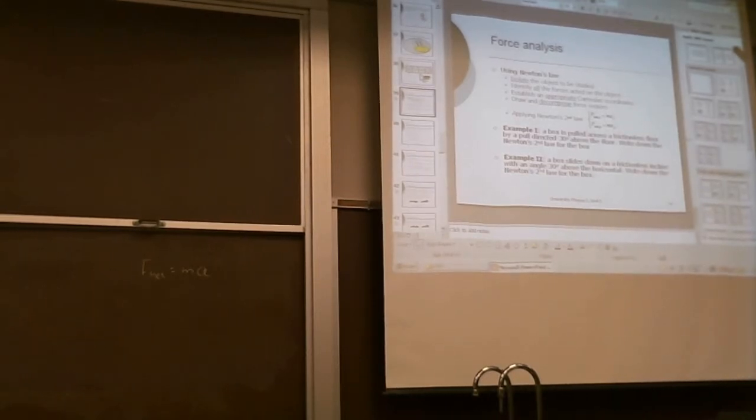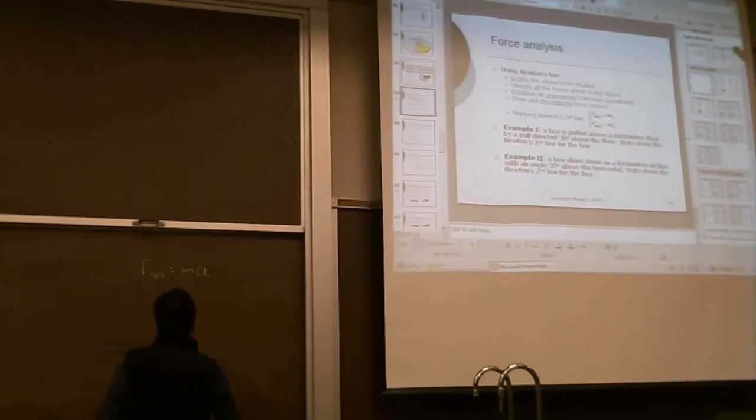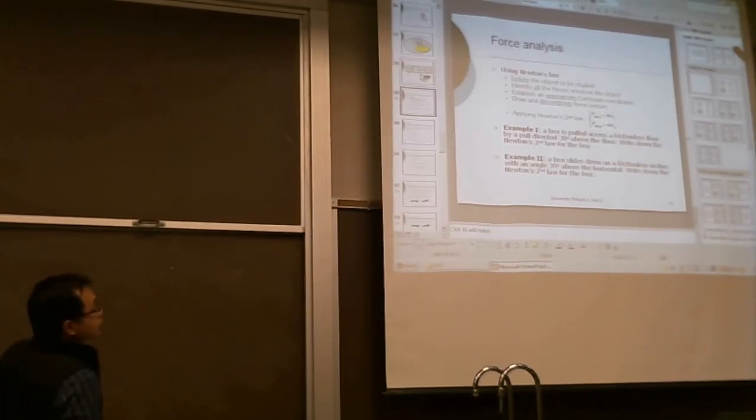Now let's look at two examples to put these general steps into a solid example. First, a box is pulled across a frictionless floor by a pulling force directed 30 degrees above the floor. Please write down Newton's second law for the box.